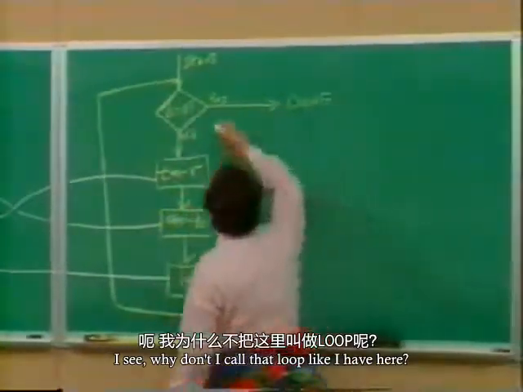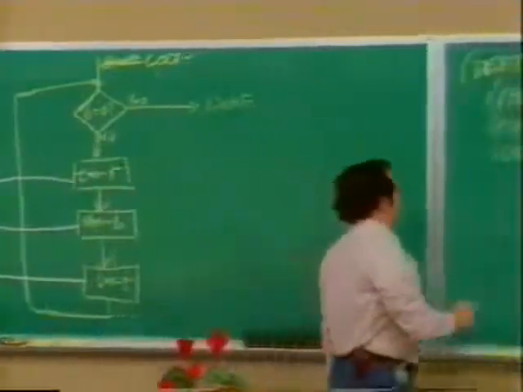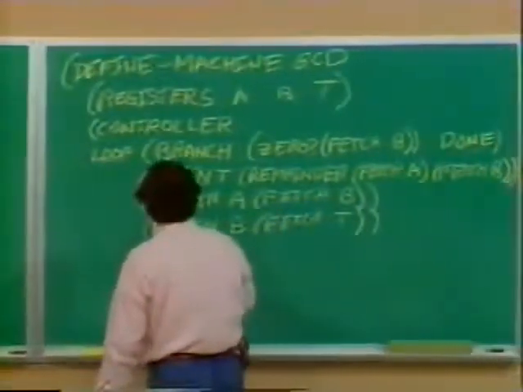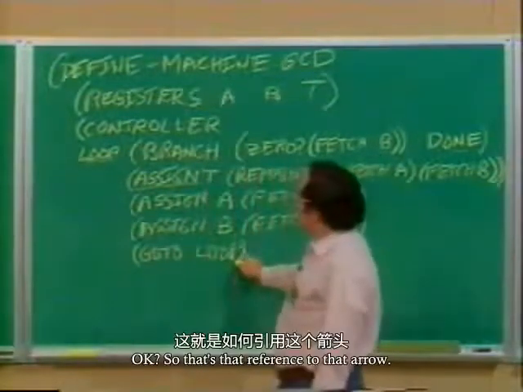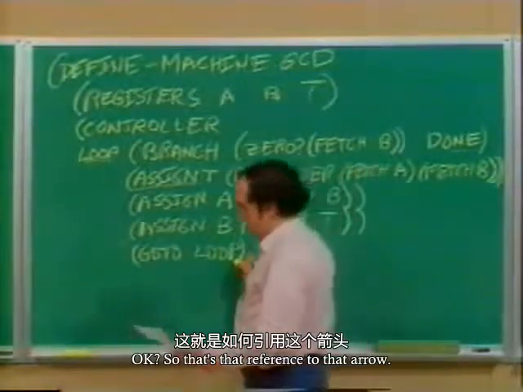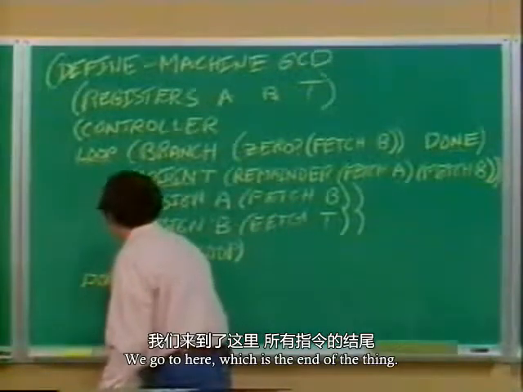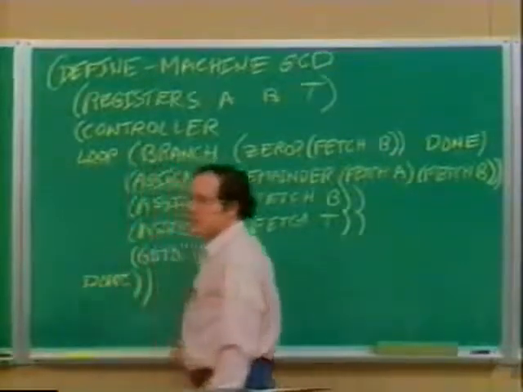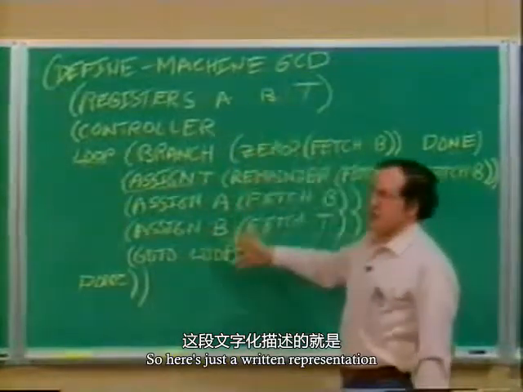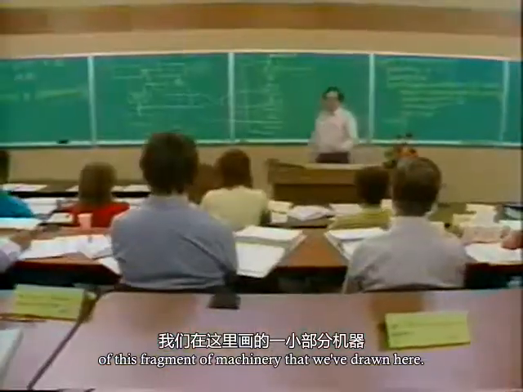I see, why don't I call that loop like I have here? Okay, so that's that reference to that arrow. And when we're done, we're done. We go to here, which is the end of the thing. So here's just a written representation of this fragment of machinery that we've drawn here.